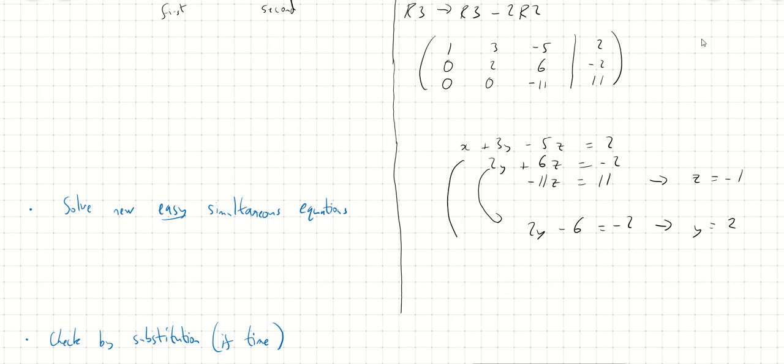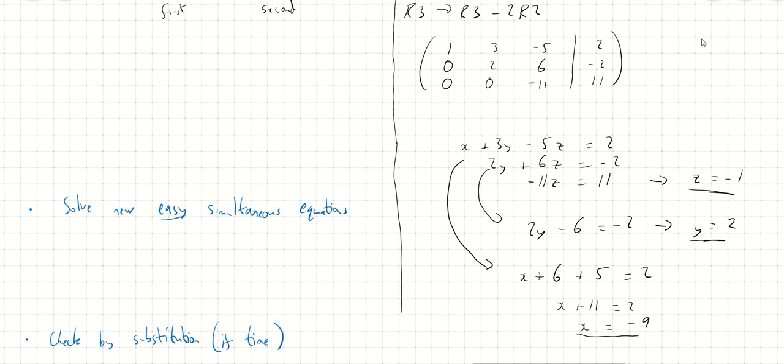Now we can go back to the first equation. x plus 3y, so x plus 6, minus 5z, and z is minus 1, so this is plus 5, equals 2. So x plus 11 equals 2, so x equals minus 9. And so now we've solved our simultaneous equations. z is minus 1, y is 2, and x is minus 9.